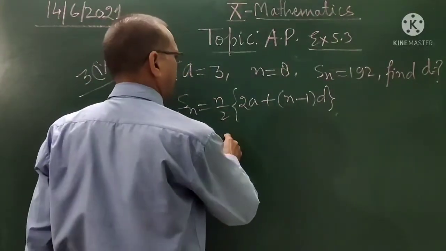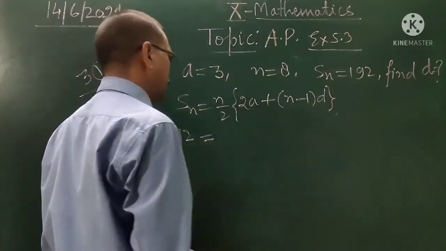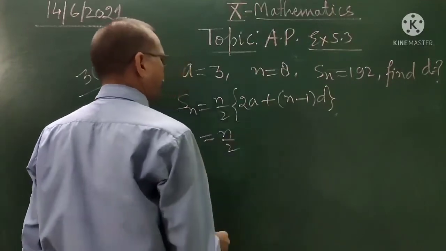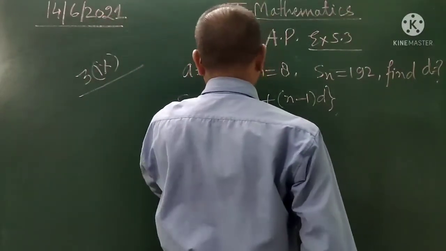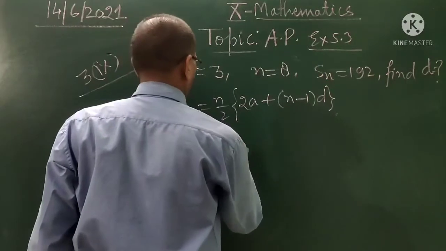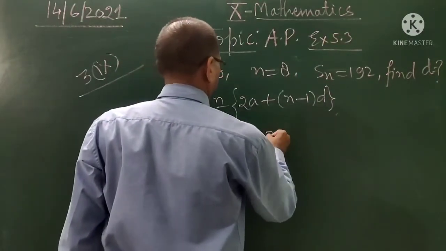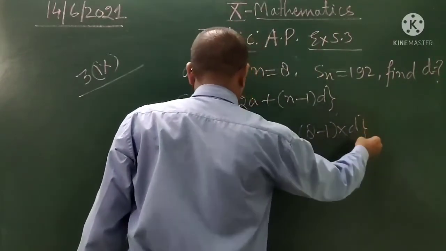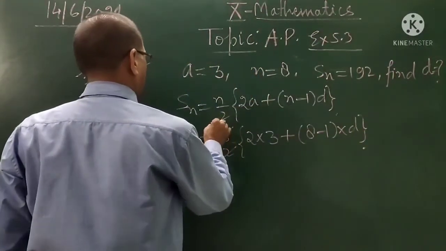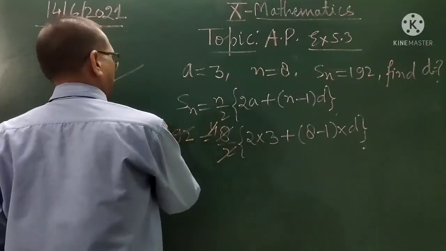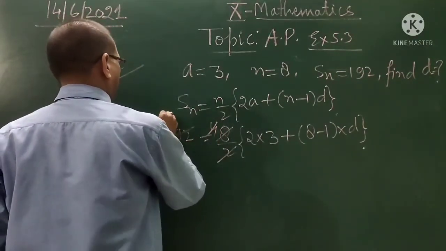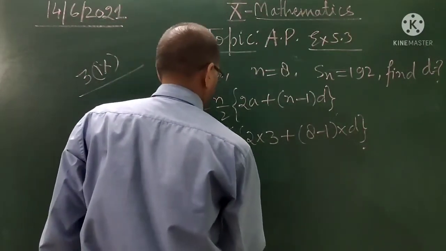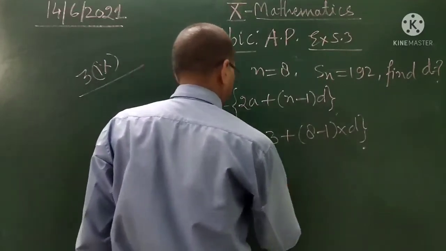Then it is n by 2. N is given as 8, so 8 upon 2. 2 into 3 plus 8 minus 1 into D. 2 4s are 8, 4 4s are 16, 4 8s are 32. 48 equal to 6 plus 7D.